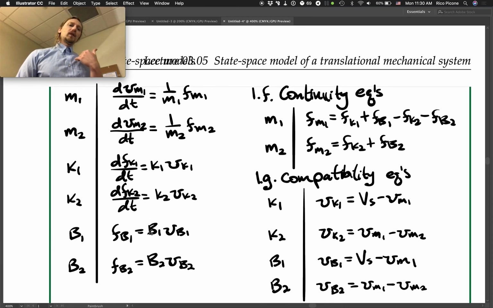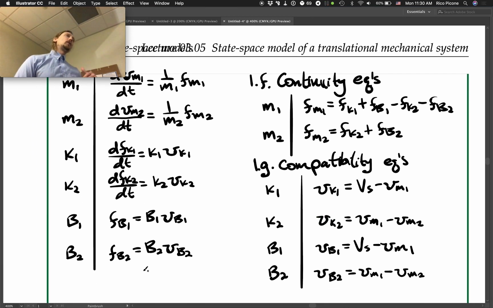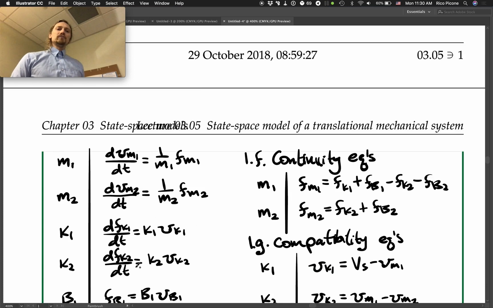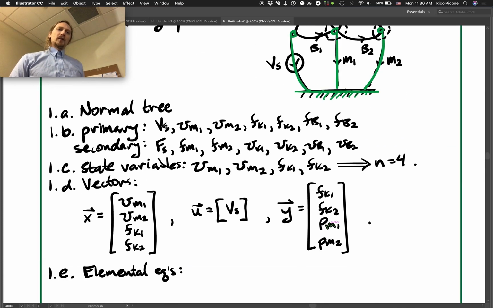But with these other equations, we said that we like to, although it's not required, solve them for the primary variable in the equation. And FB1 and FB2 are the primary variables for B1 and B2. If you look back at your list of primary variables, you've got FB1 and FB2 up there, so we're good to go. We're already in that form.